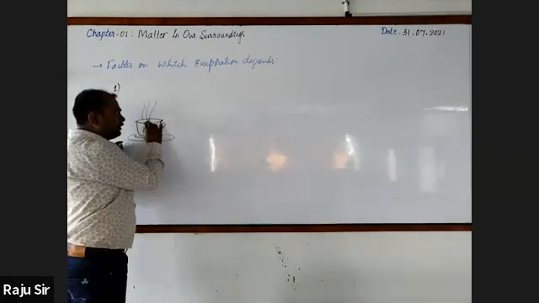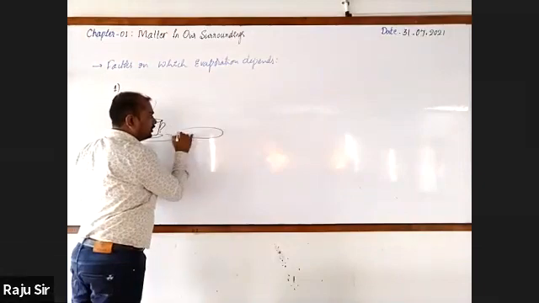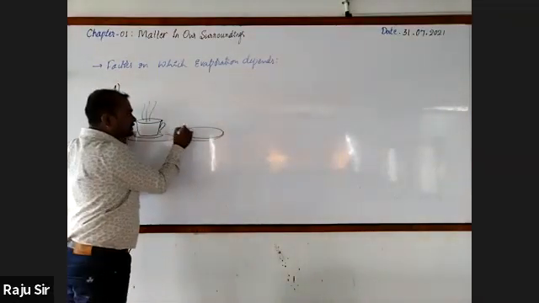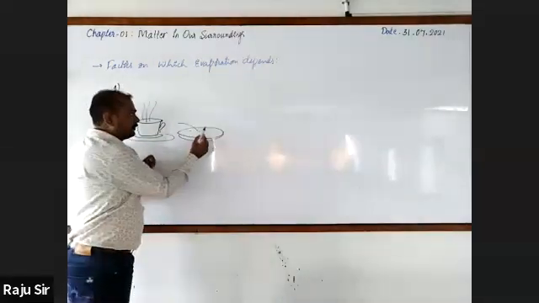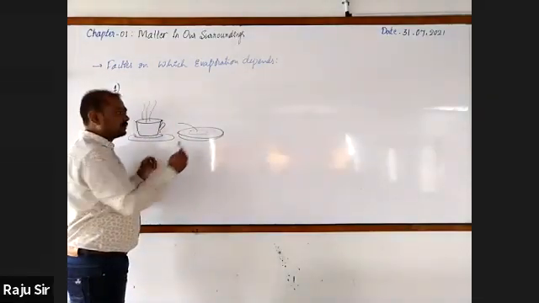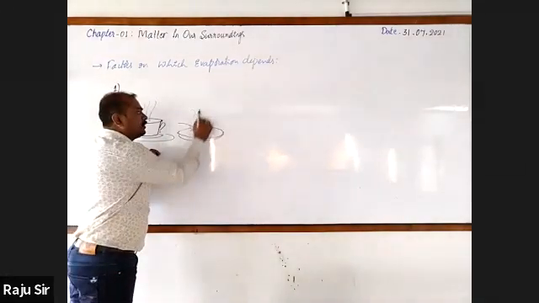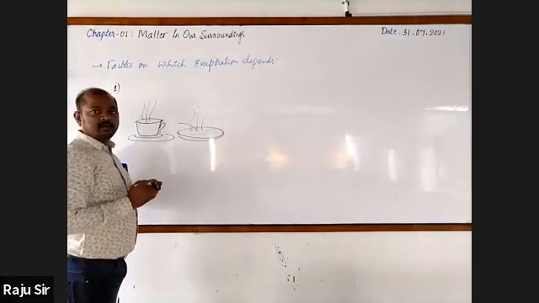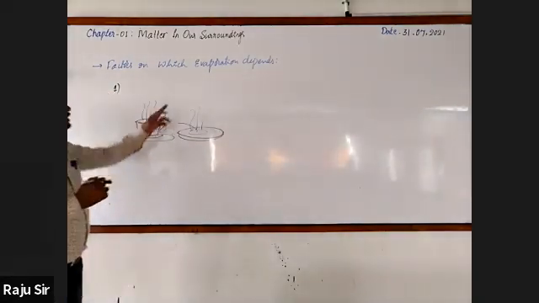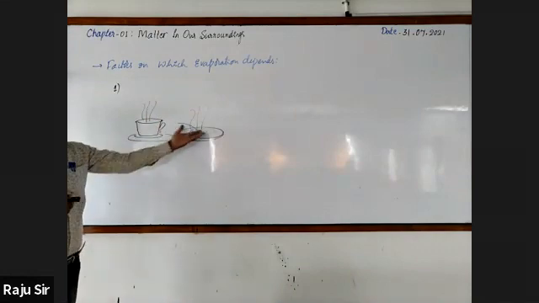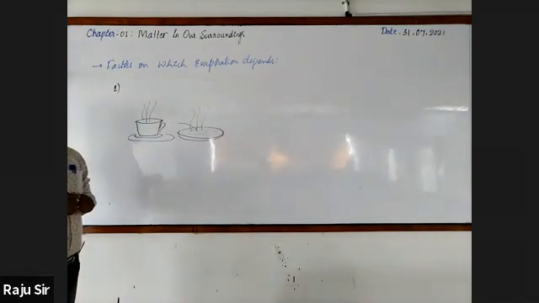You may blow air, or go for transferring that to a plate, a saucer, right? If it is transferred to this, look here, the liquid gets more space for evaporation. Understood? So the rate of evaporation depends on the free surface area of the liquid.